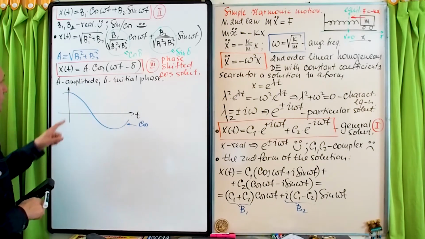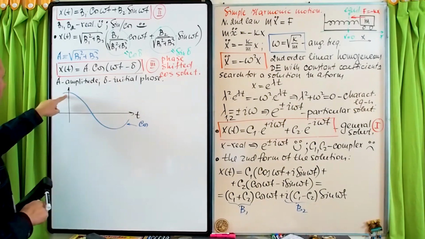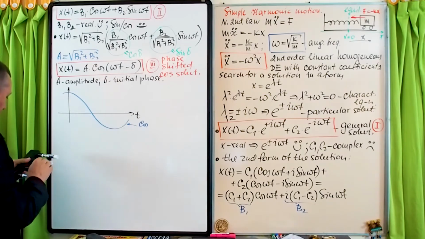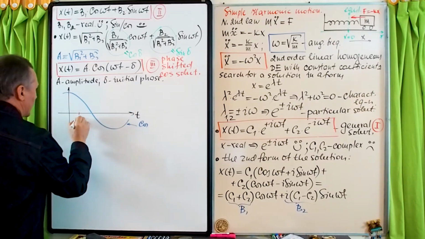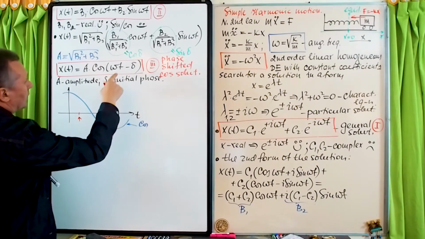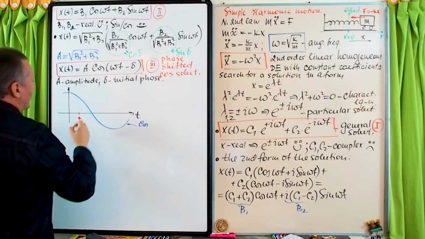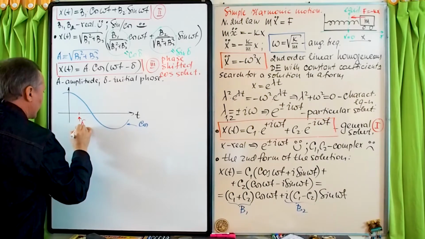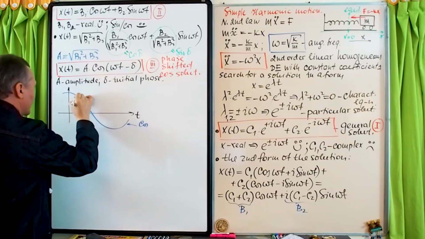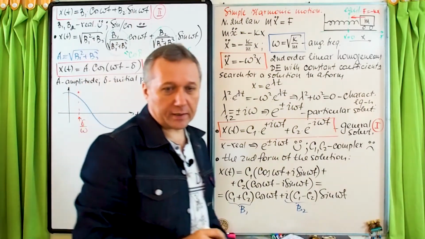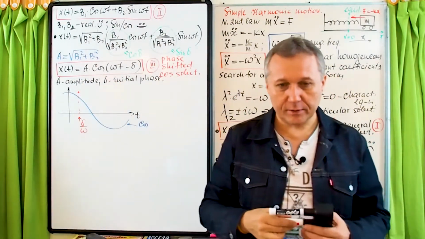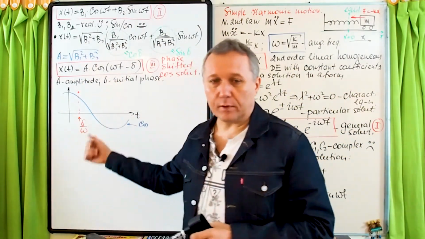Then it is going to reach maximum not over here, but it will be shifted. It will be shifted by what? This is time, so this will be delta over omega. At this point, it will reach the maximum. So this function lags behind our cosine function by delta over omega.